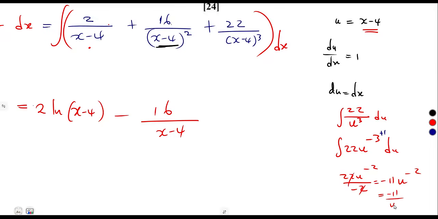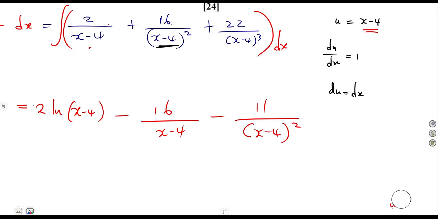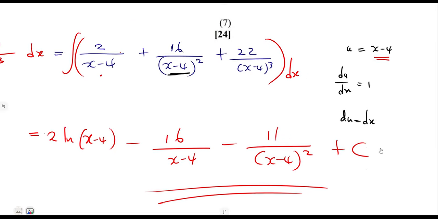That's negative 11 over u squared. Our u is x minus 4, so that's negative 11 over (x minus 4) squared. So this is what you're going to have from what we were given, and we add the constant of integration.